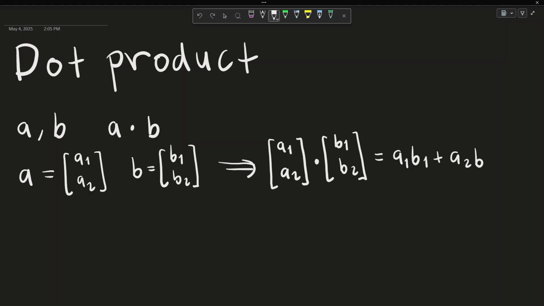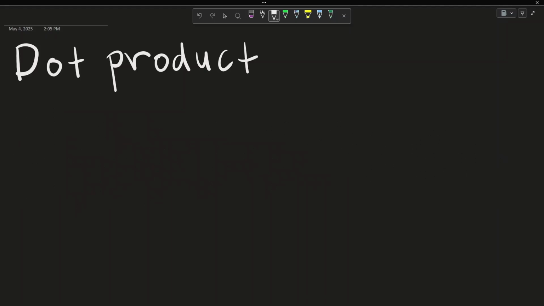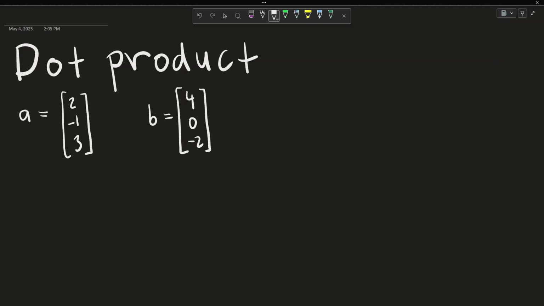So let's use an example in 3 dimensions to illustrate this point. Let's say we have a vector A, which is equal to 2, -1, 3. Let's say we have a vector B, and we'll set that equal to 4, 0, -2. If we took A dot B, which is equal to 2, -1, 3 dot 4, 0, -2, we'd first take the first entries, 2 and 4, multiply them, add the second entries, -1 and 0, and then add the third entries, 3 times -2.